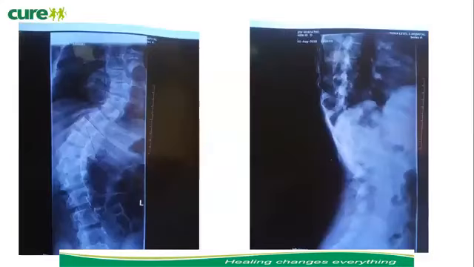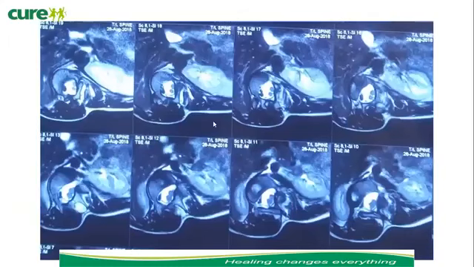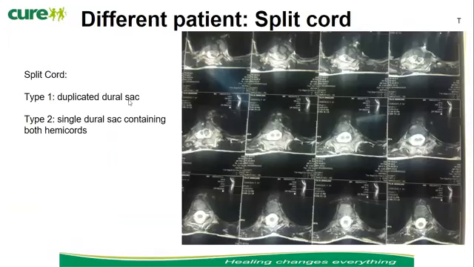When we looked at the MRIs, we found that there was a split in the spinal cord. And recently, when we were doing the surgery, the bony features around that level were also a little different from what we normally see. We had to have the child seen and handled by the neurosurgeon, and then later we did the spine surgery. So split cord is one of the things that you might see, or the osteoma area.